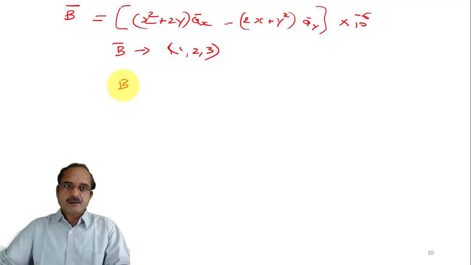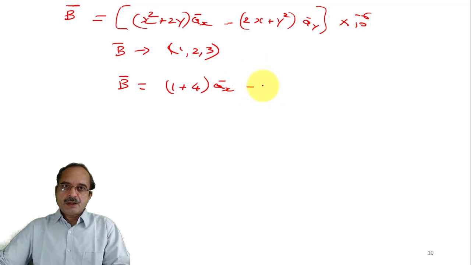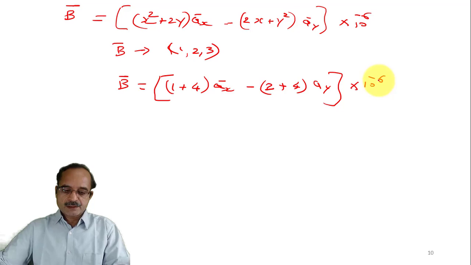We get B as 2 into 2, that is 4 ax, minus 2 into 1, that is 2 ay, into 10 raised to minus 6.